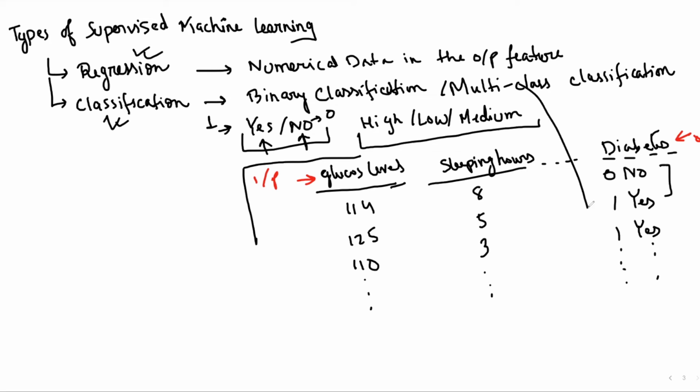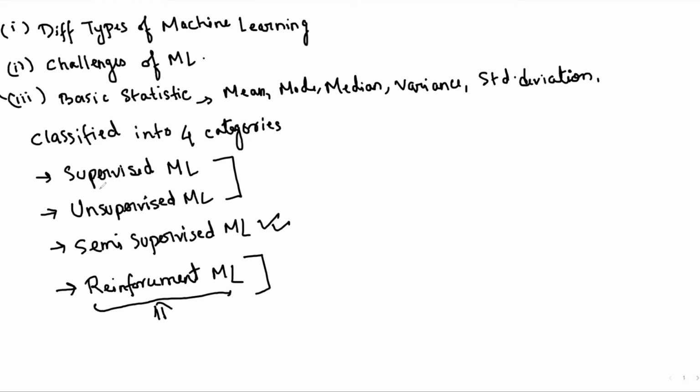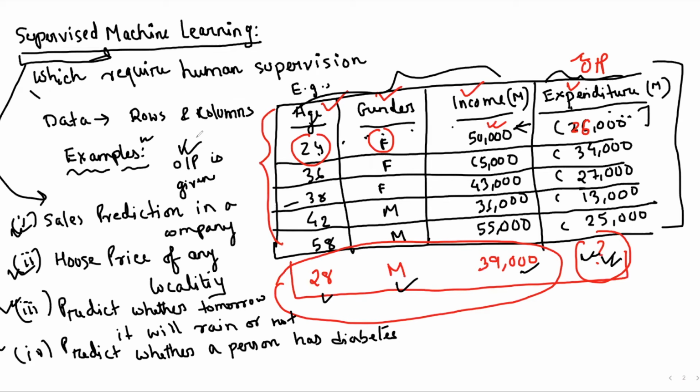Right, now let me discuss unsupervised machine learning. We understood supervised machine learning. We defined the data set and how it will look. We came to know about the input features, the output features, and the terms used for them.